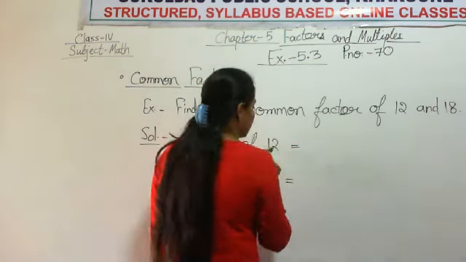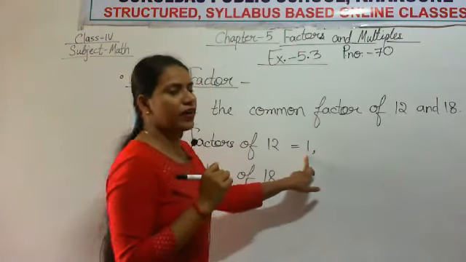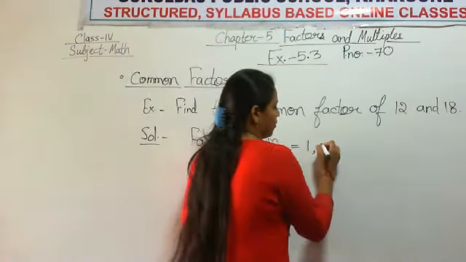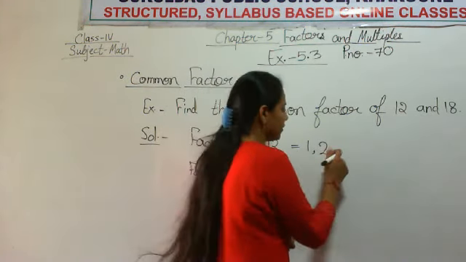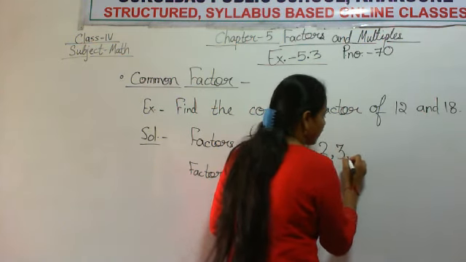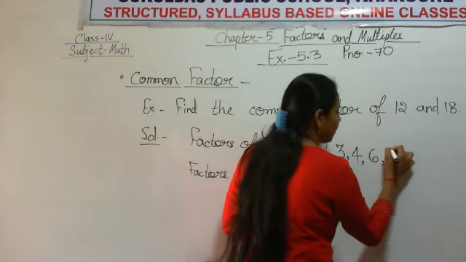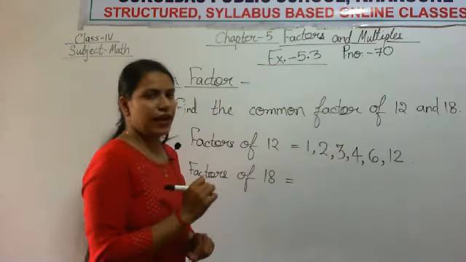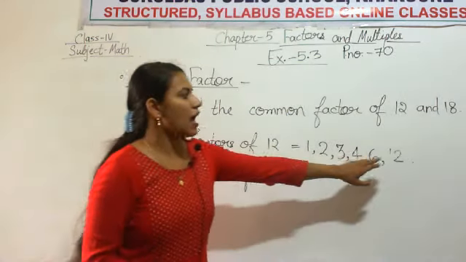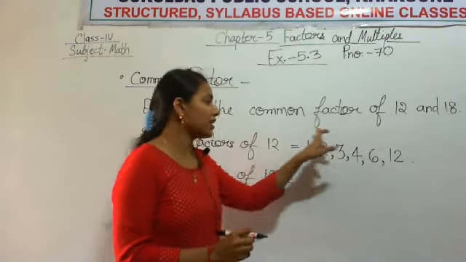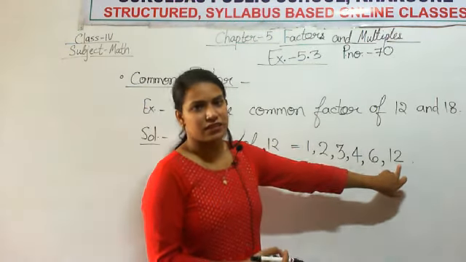So what are the factors of 12? 1, as you know that 1 is factor of all the numbers. 12 is exactly divisible by 2, so 2 is a factor. 3 is also a factor of 12. 4, 6 and 12, right? We remember 1 is factor of every number and the last factor of each number is that number itself. Observe here, the last factor of 12 is 12 itself.